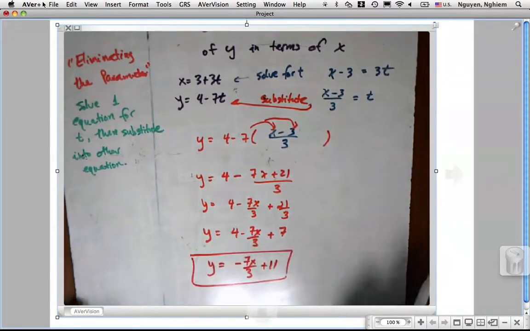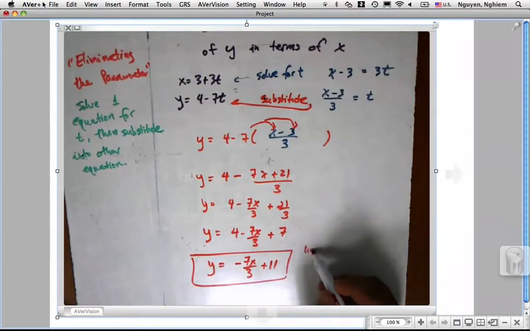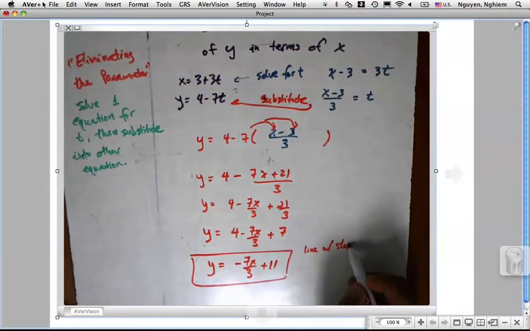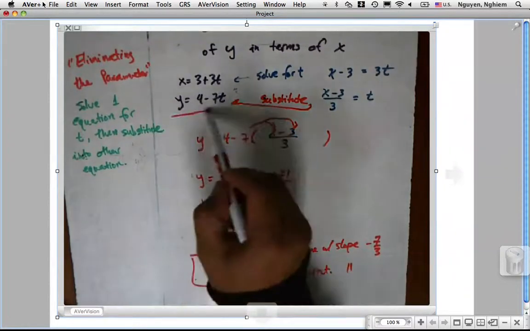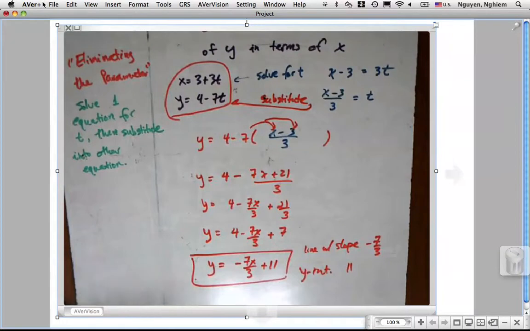And so what this whole problem is saying is that this equation here, which is a line with slope negative 7/3 and y-intercept 11, is the exact same graph that I would get if I graph this set of parametric equations. And there's advantages and disadvantages to both. With this one, if I know x, I can use it to solve for y.